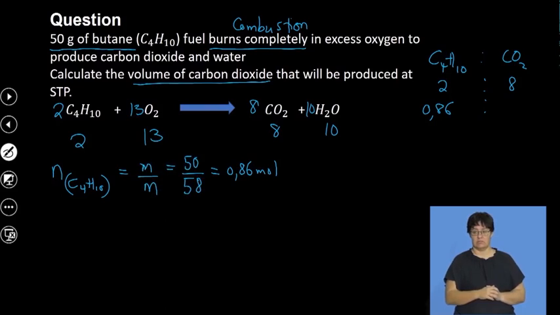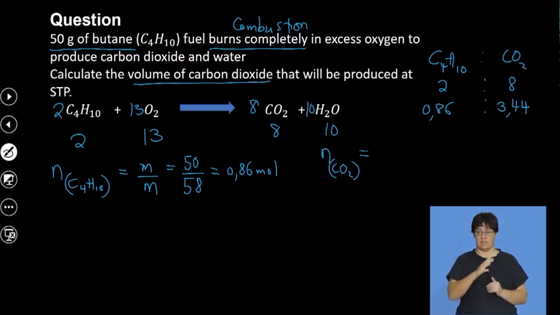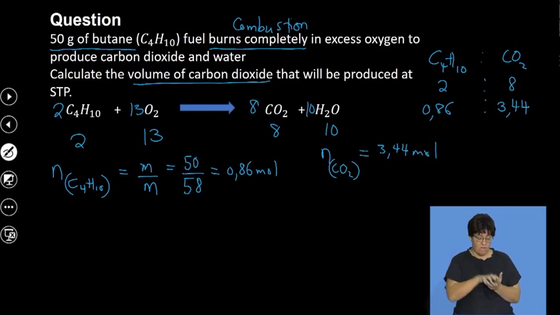So this will produce 3.44 moles. Now we're asking ourselves, if the moles of carbon dioxide is equal to 3.44 moles, what volume will be occupied by that number of moles of carbon dioxide? What do we know? We know that a mole of any gas at standard temperature and pressure will occupy a fixed volume, which is the molar gas volume of 22.4.